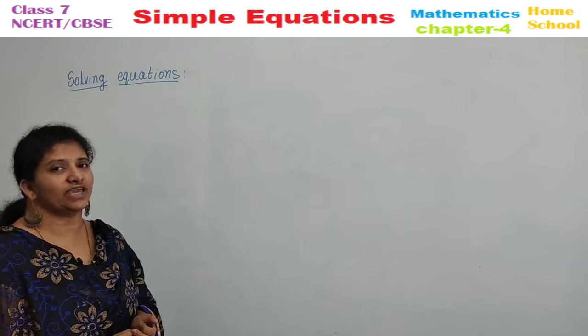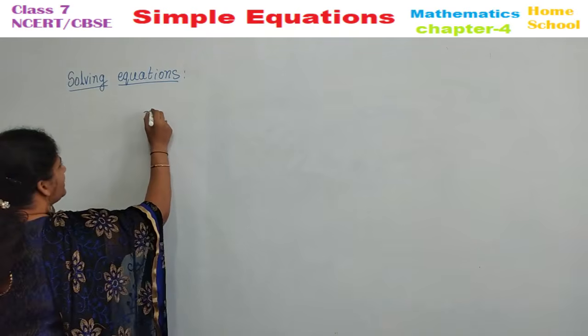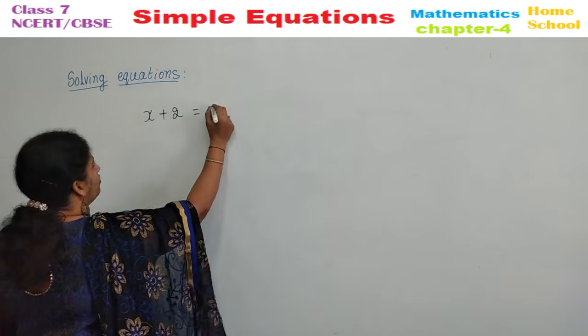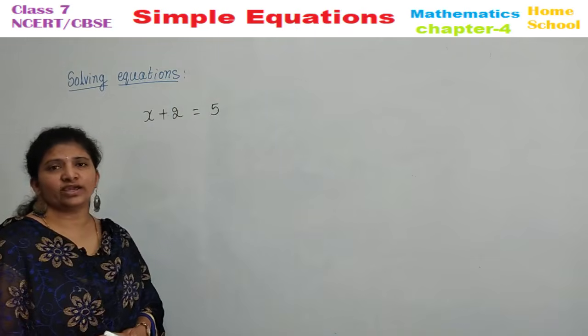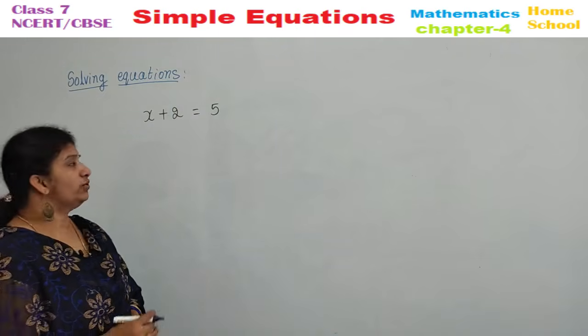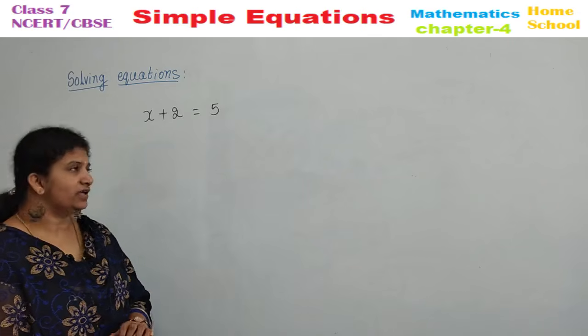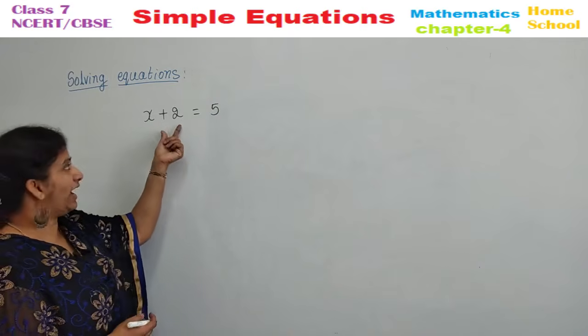How to solve equations? Let's take one example here. x plus 2 is equal to 5. You need to find the value of x. How can we find? Observe here, near the variable you have plus 2.